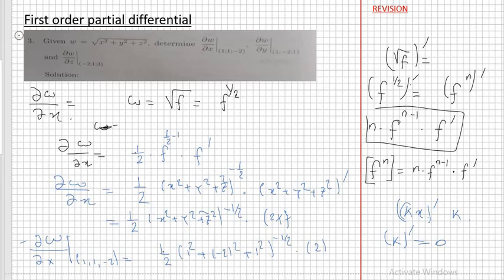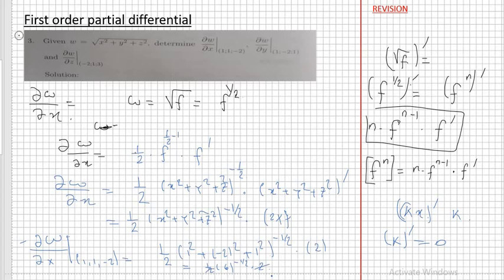So all you need to do is just simplify this. I mean, you just compute this, and then you get a number. In this case, we have 1 squared gives 1, and then (-2) squared gives 4. 4 plus 1 is 5, 5 plus 1 is 6. So we have 6 to the power of -1 over 2, and then multiply by that 2 here.